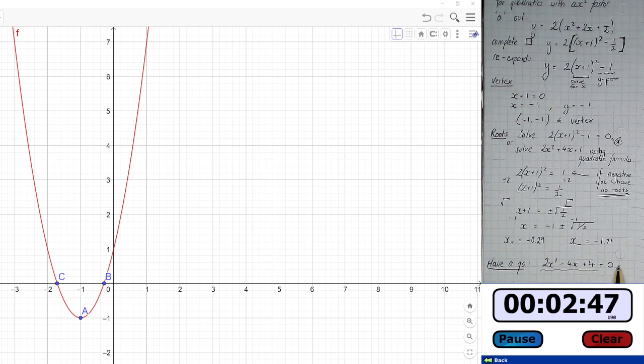But that bit, so long as it equals 0 or y, is fine. It's fine. No problem.